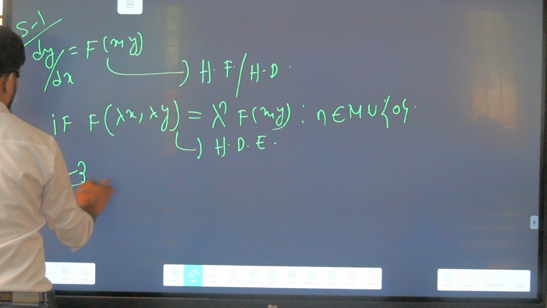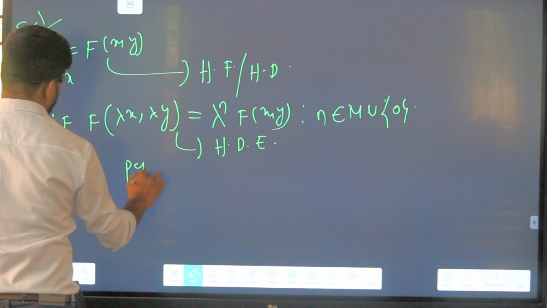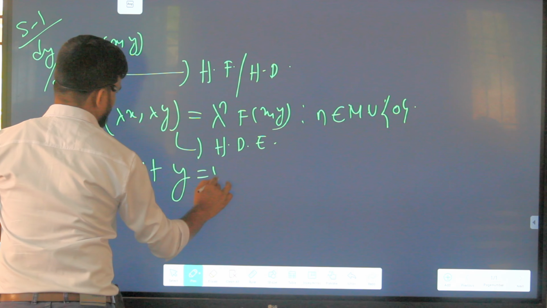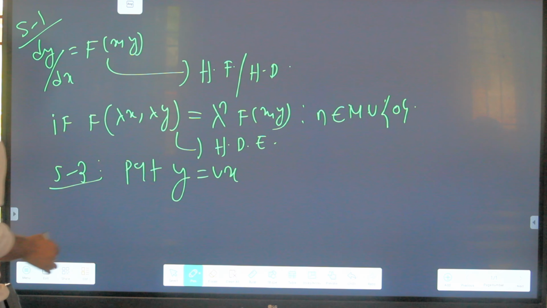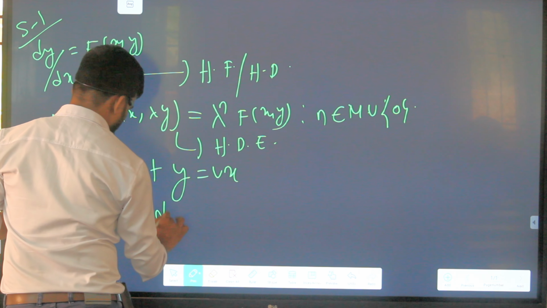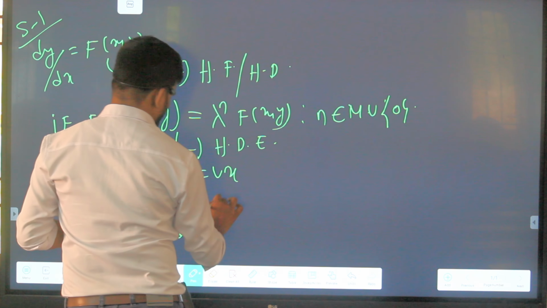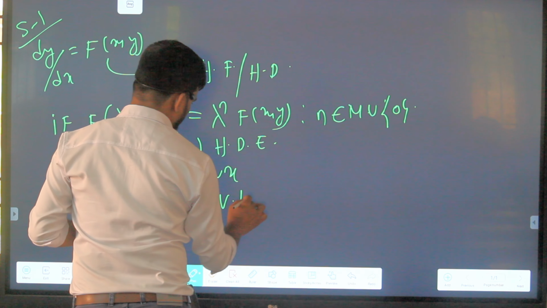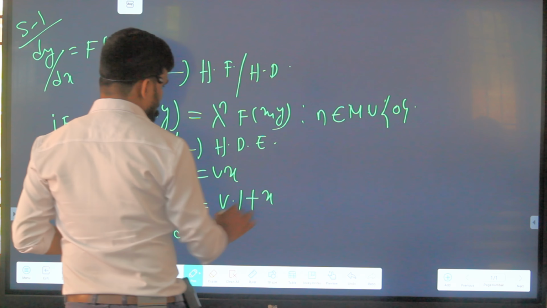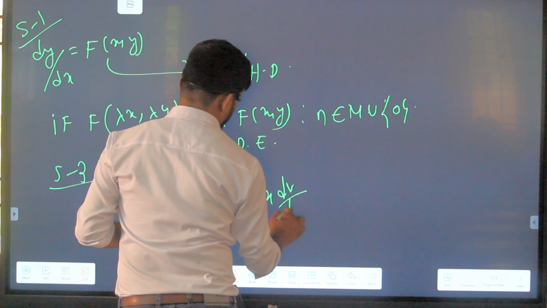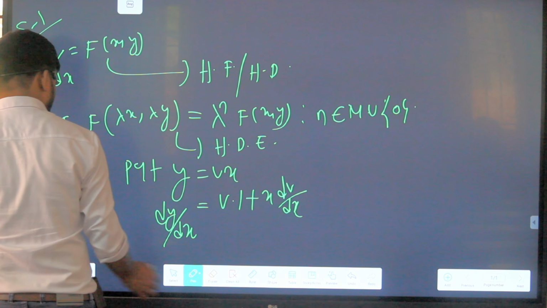In step 2, put y equal to vx. If you take y equal to vx, that means dy/dx is equal to v times 1 plus x times dv/dx. So what do we need to do?